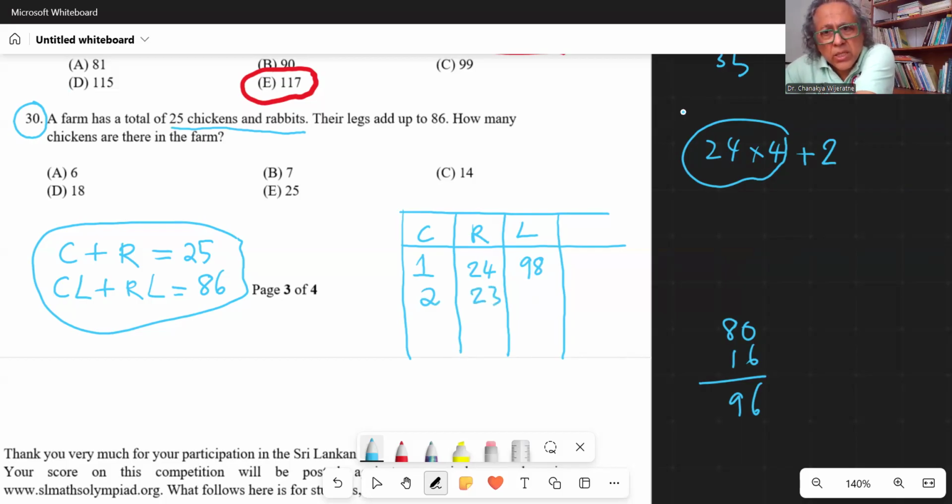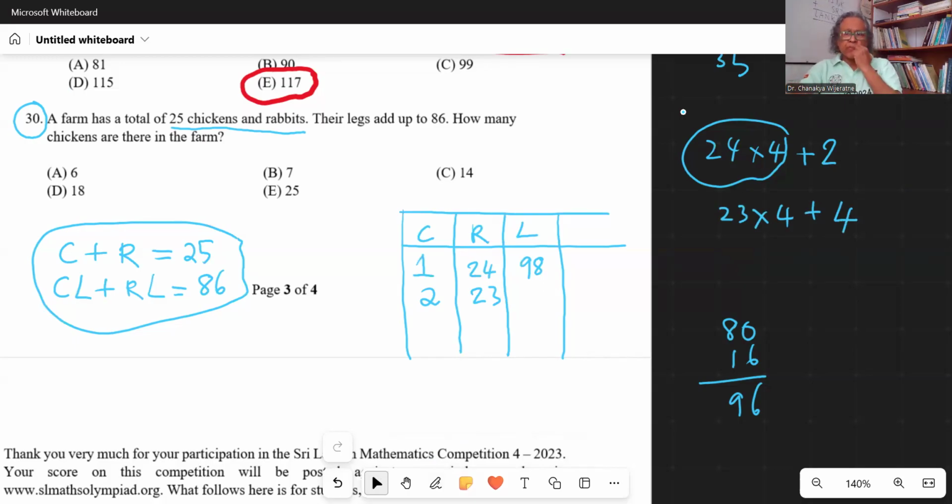So how many legs? 23 times 4 is 80 plus 12, so 92, plus 4 is 96.